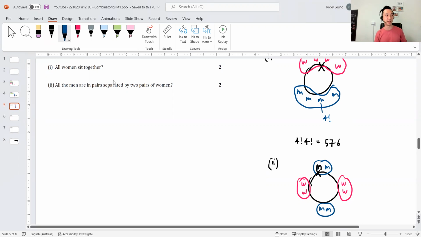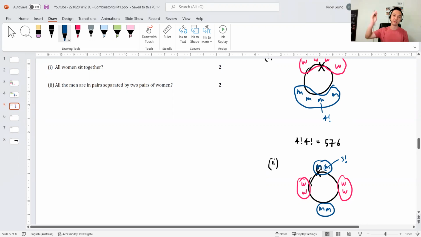So once you lock down the man in that group, the way I sort of see it is, let's see if this makes sense. Once you lock down that man, there are 1, 2, 3 men to arrange.